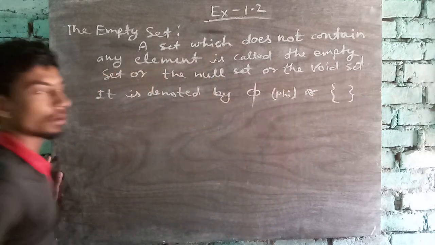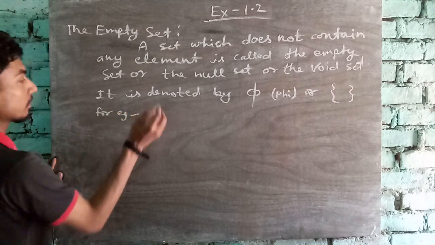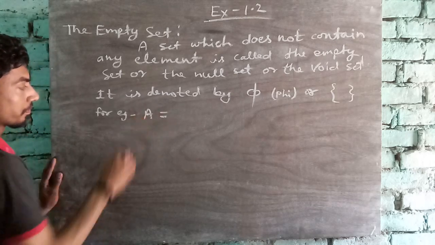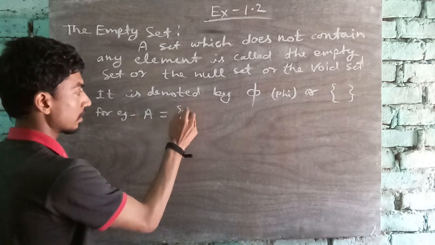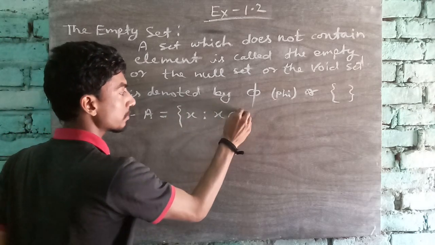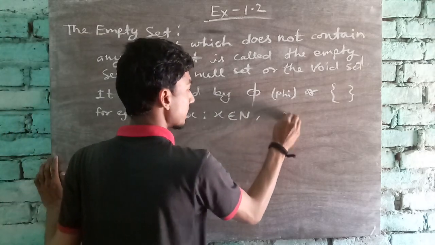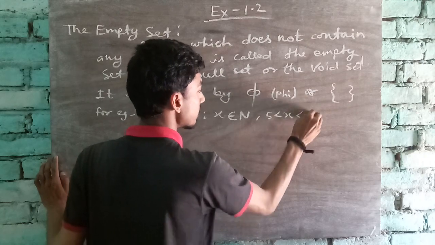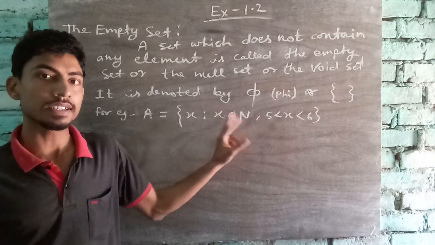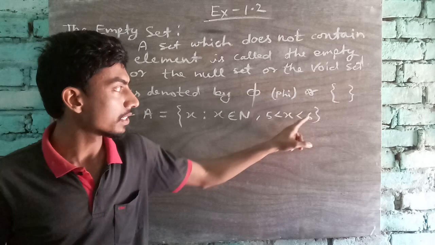For example, a set A is equal to the set of all x such that x is a natural number, that means x belongs to N, and x is greater than 5 and less than 6.